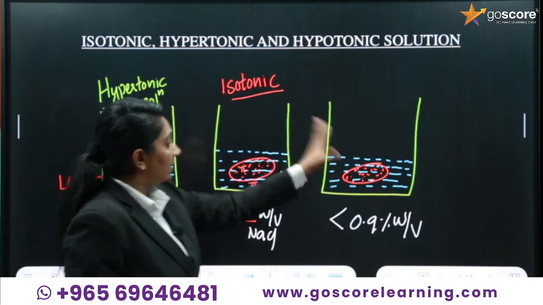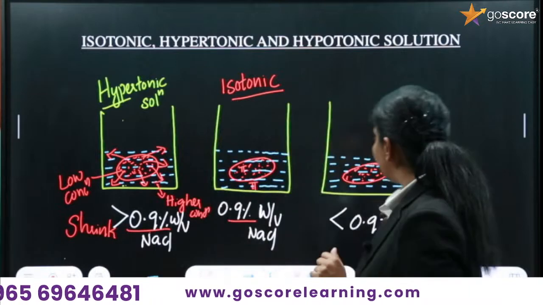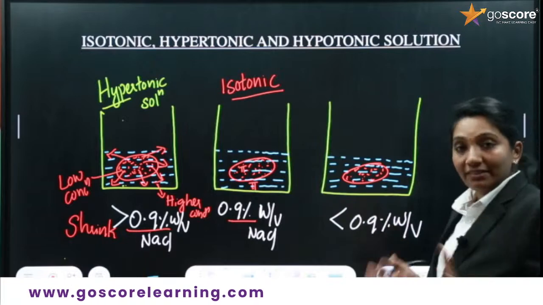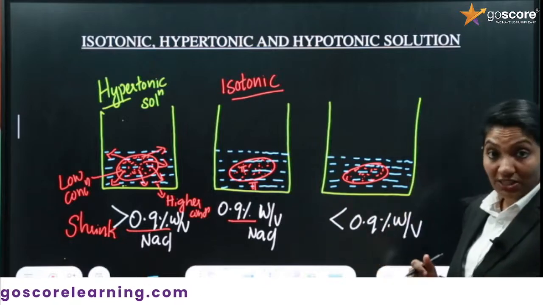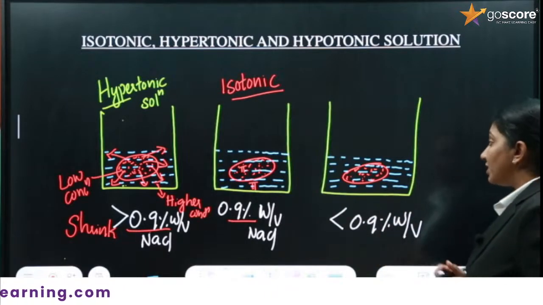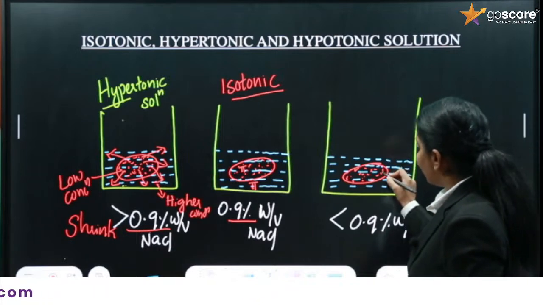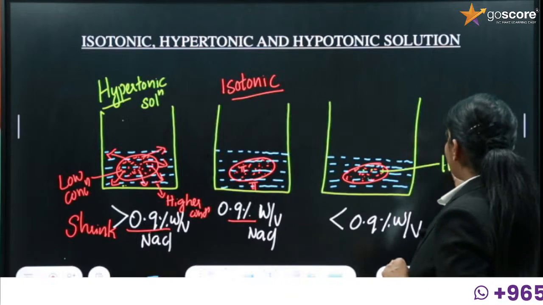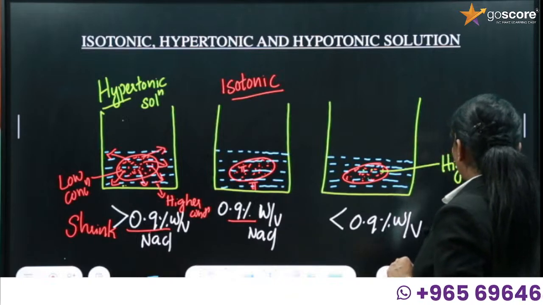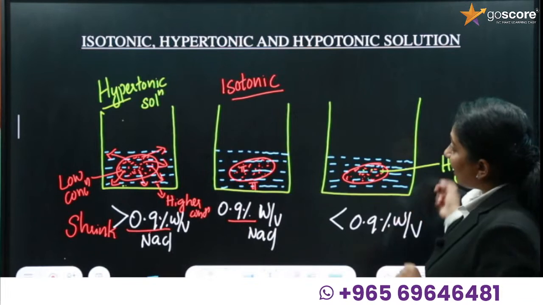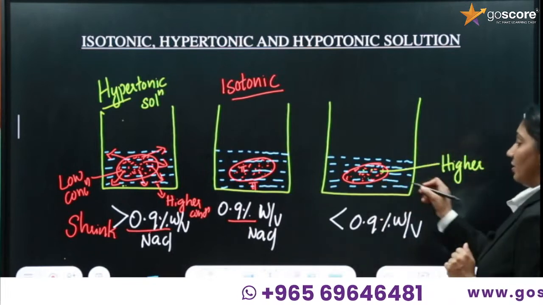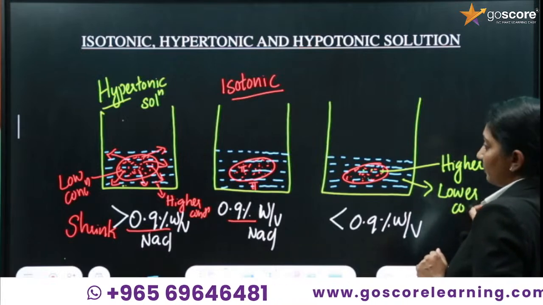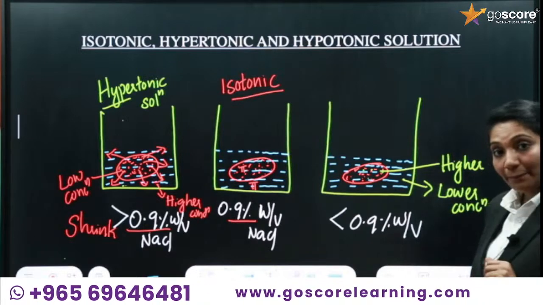Now, see the third case. Here we have a solution having a concentration less than 0.9 percentage weight by volume of sodium chloride, right? So here the fluid inside the cell will be of higher concentration, and the solution will be of lower concentration. So what will happen?